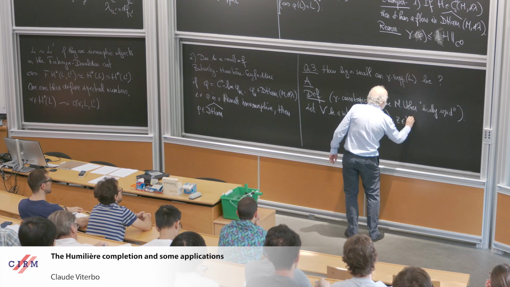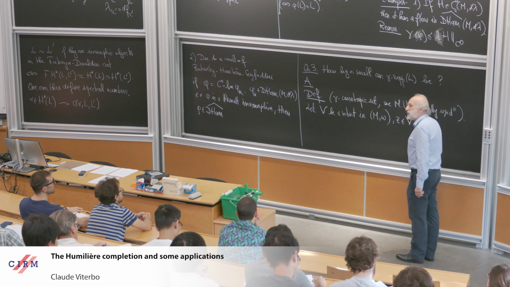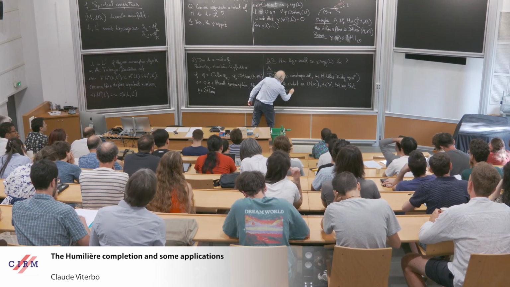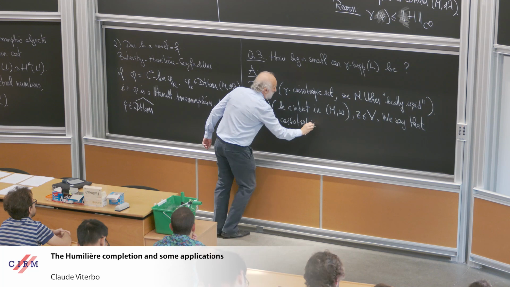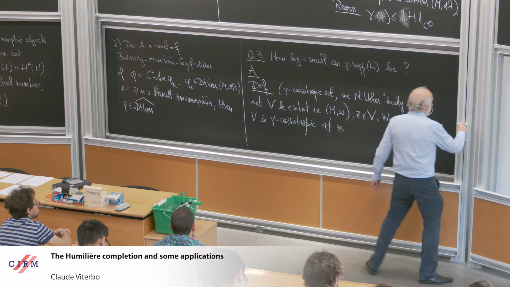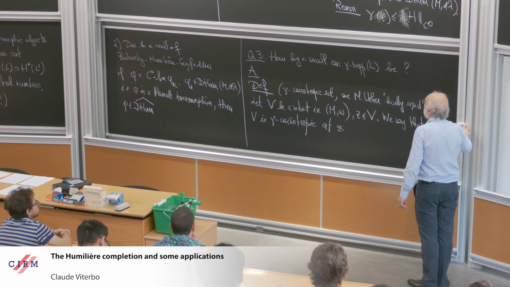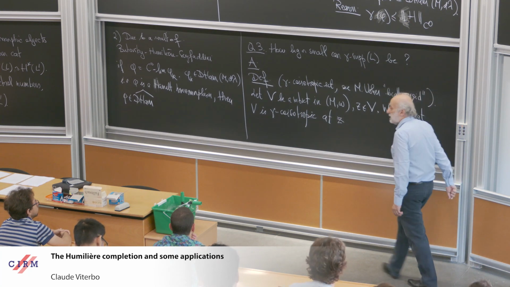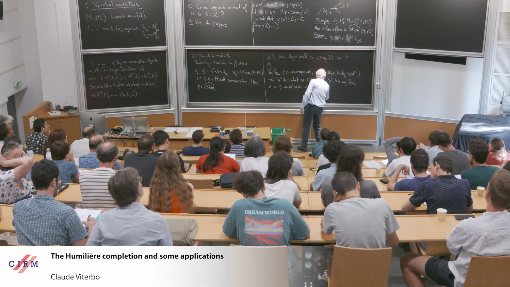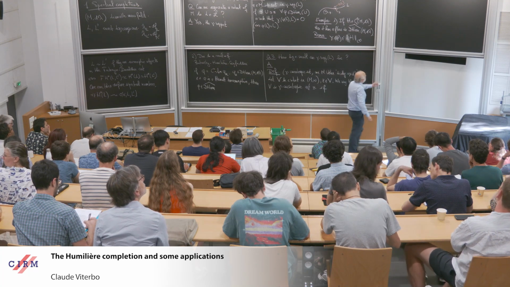And let a point Z in V. We shall say that V is gamma coisotropic at Z. Maybe I will write it here.